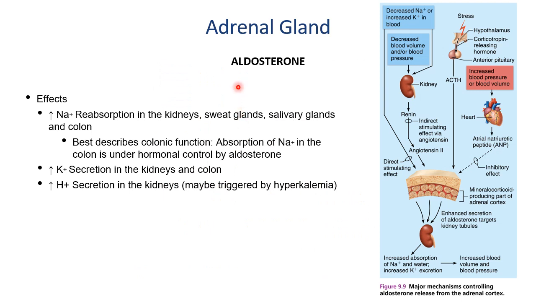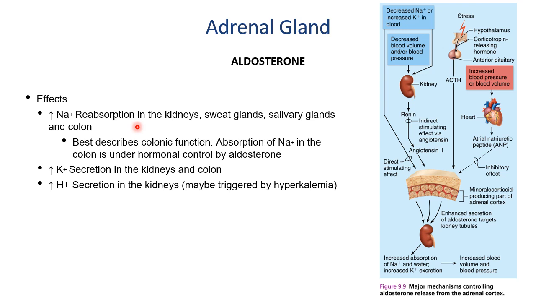Now let's go into the hormones that are produced by the adrenal gland. And the first one is aldosterone. What is the effect of aldosterone? It causes an increase in sodium reabsorption in the kidneys, sweat glands, and salivary glands, as well as the colon. So, in effect, what happens?